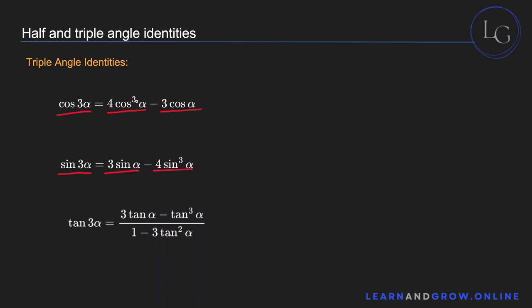So 4 cos cube alpha can be written as minus 4 sine cube alpha, and minus 3 cos alpha will be written as 3 sine alpha. That's the relation between cos 3 alpha and sine 3 alpha. And tan 3 alpha, if you divide sine 3 alpha by cos 3 alpha, you end up with this. Fairly simple. Or you can use the initial identities with the fundamental law.